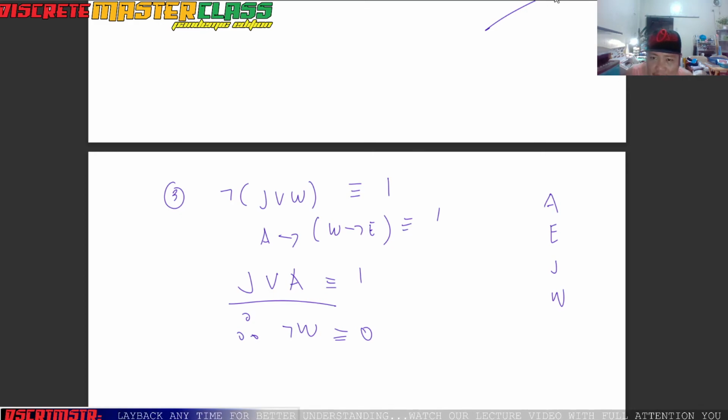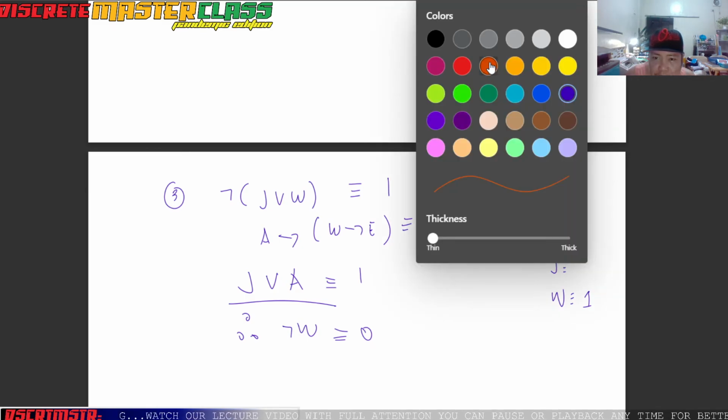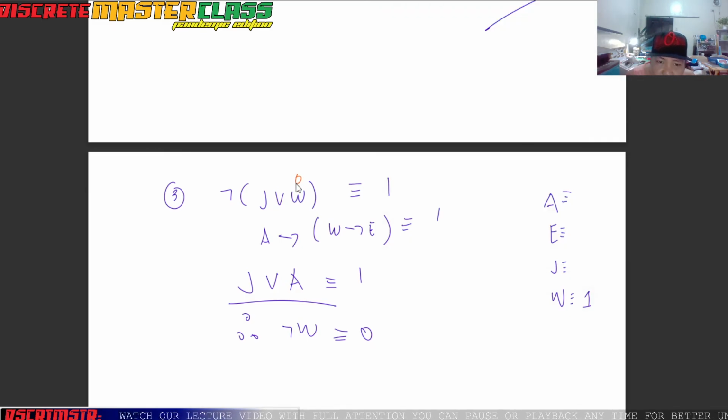Okay. Now, this is your propositional component and this is your argument. Okay. From this conclusion, not W is 0. Obviously, W is 1. Because not W is 0. Lagay mo na ulit yung mga nakuha mo na.